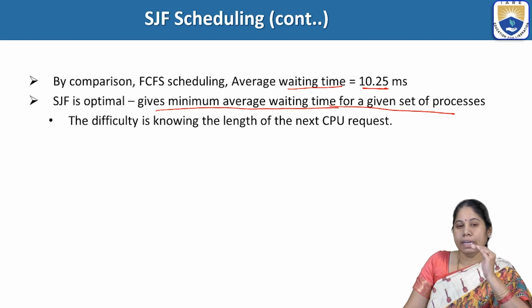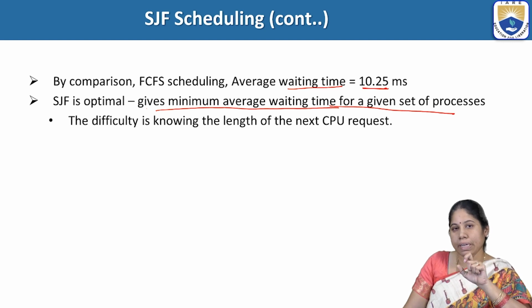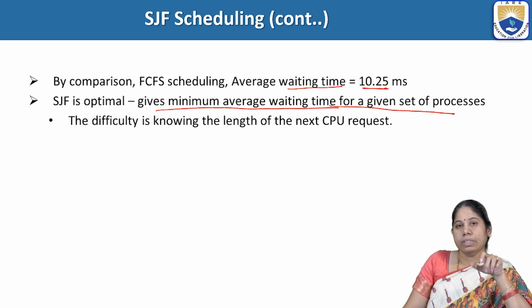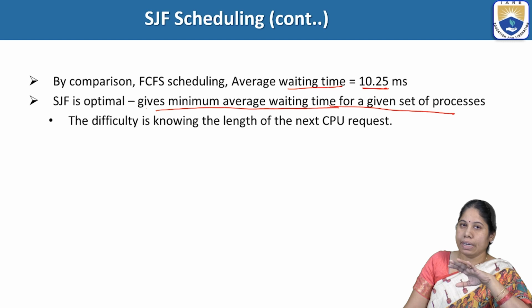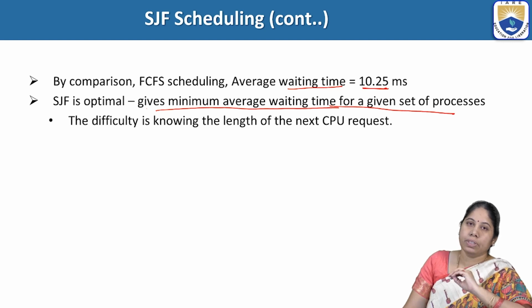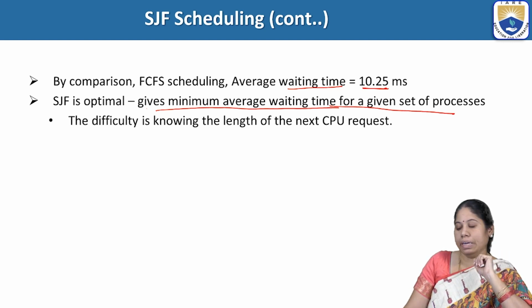When we studied the process state diagram, ready to running is decided by the short-term scheduler. So SJF is not possible to implement at the short-term scheduling stage. It can be applied in long-term scheduling, from new to ready state, if you remember the process states.